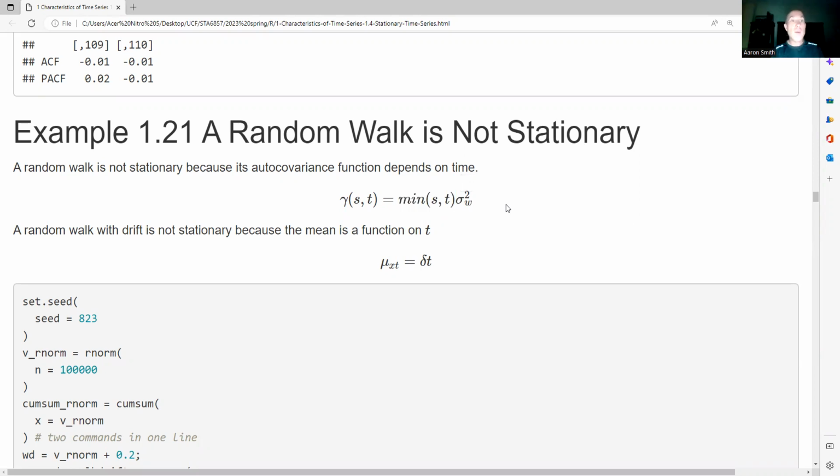Well, we can see that it depends on time. Since it depends on time and not on the lag, the difference between the times, we see that we do not have stationarity.